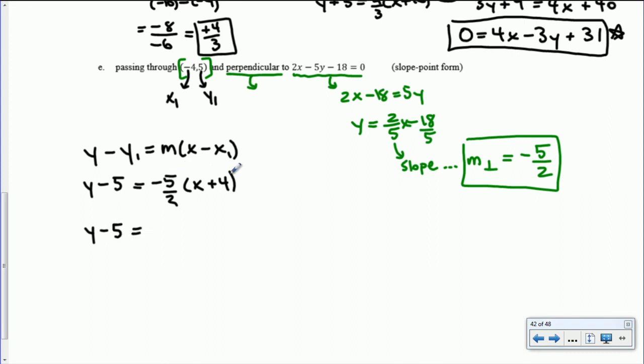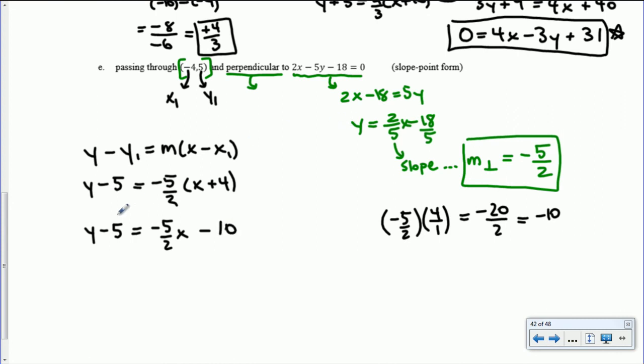Distribute the negative 5 halves into each of those things. So negative 5 halves x minus, what would that be? Negative 5 halves times 4 over 1 would be negative 20 over 2, which is negative 10.